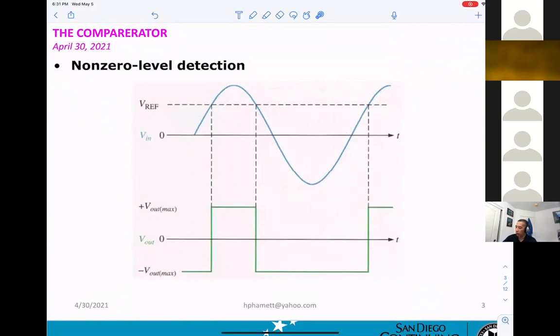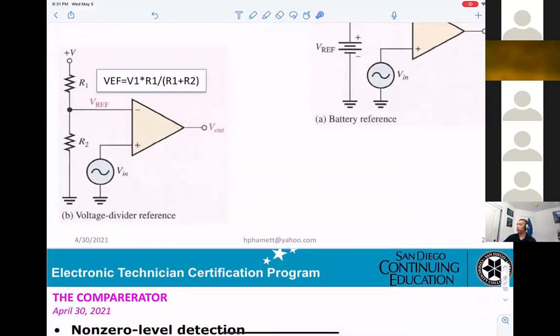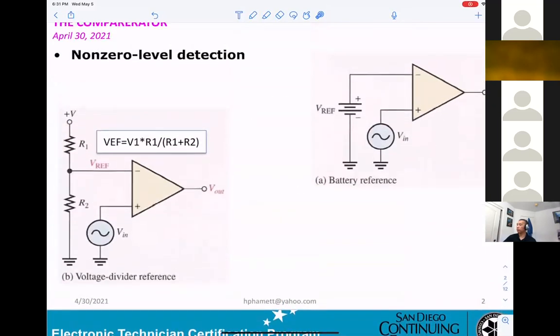If you look from 0 to this point here, the input is less than V reference. That means V reference at the negative is higher than the positive, so the output will go to the negative saturation.